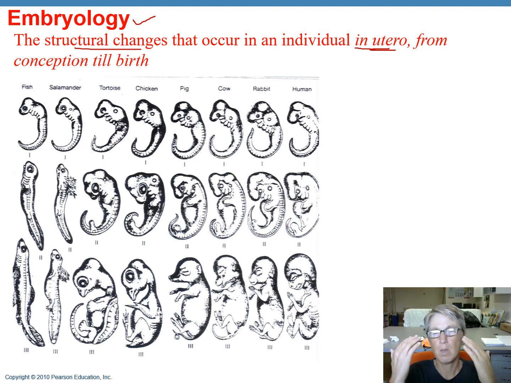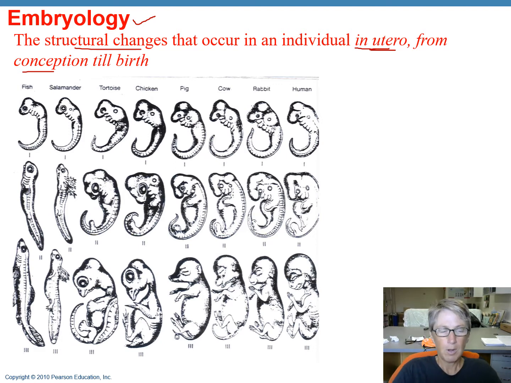The sperm meets the egg, and then you have a zygote. The zygote forms a blastula. The blastula forms an embryo. The embryo forms a fetus. All these events take place in the uterus, from conception, when the sperm meets the egg, until you're born. That's the study of embryology.